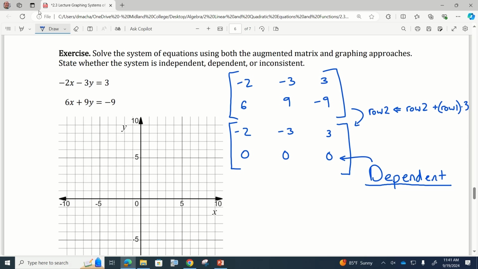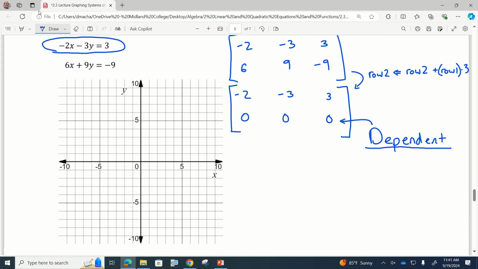The next thing I want to do is try graphing it. And so let me try graphing this first equation. And I'll use a different method of graphing than I did last time. This is called the general form of the equation.